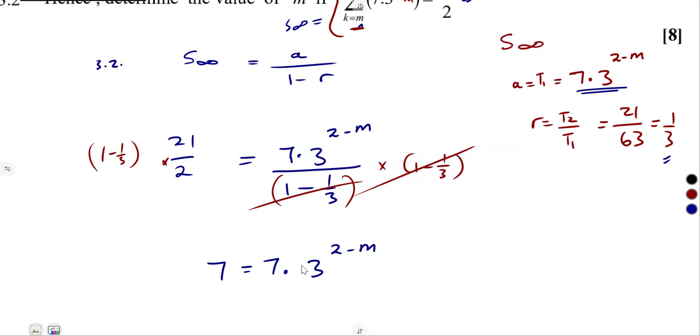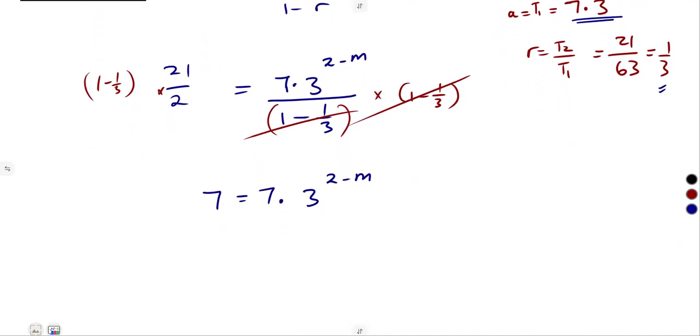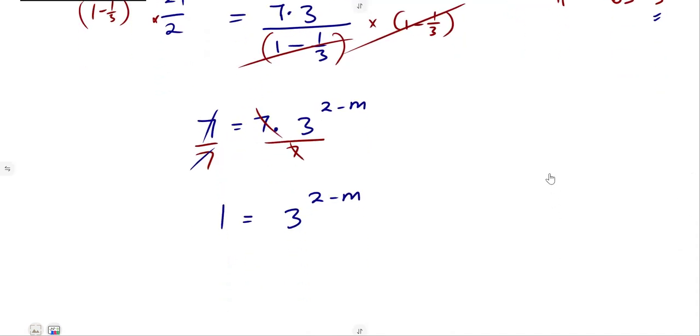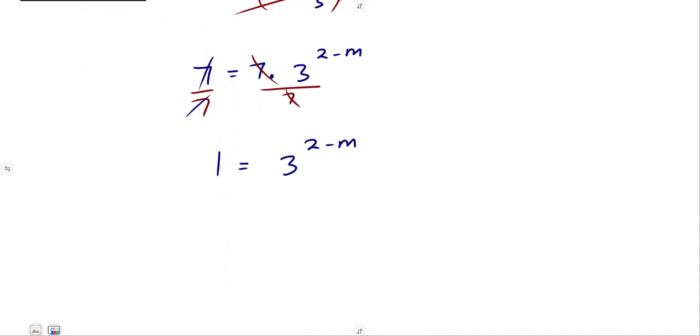So the 7 is equal to 7 times 3 to the exponent of this. Get rid of the 7 as a product. Simply divide by 7. So 3 to the exponent of 2 minus M is equal to 7 over 7. That's 1. All right, same base for us to equate the exponents. But which base, guys?